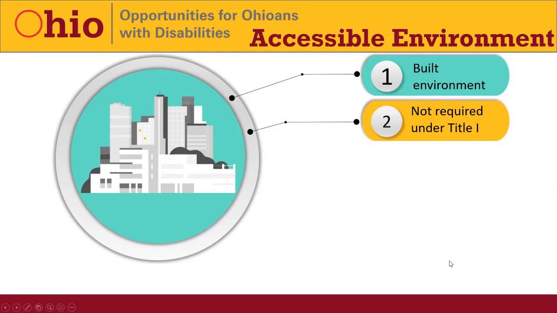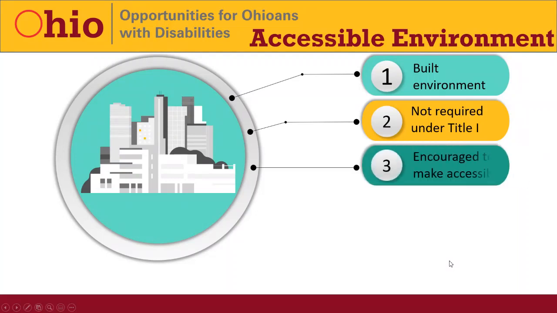However, employers are encouraged to make changes for general accessibility, and for employers who wish to do so, I have provided some resources in the Learner's Guide, which include the ADA checklist for existing facilities, which was created by the New England ADA Center, and it's based on the 2010 ADA standards for accessible design that come from the Department of Justice and are regulations that apply to Titles 2 and 3 of the ADA.